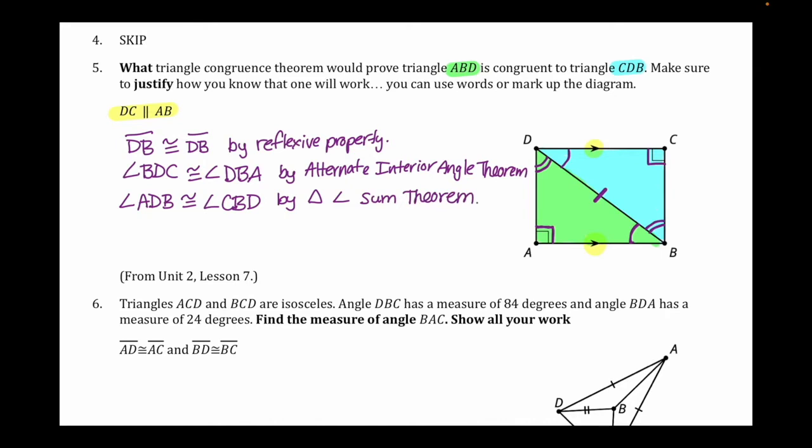And yeah, so I'm actually going to use a very short form of therefore, which is three dots in a triangle pattern. This is the shorthand for saying therefore. So I can say therefore triangle ABD is congruent to triangle CDB by, and this is now using angle side angle.